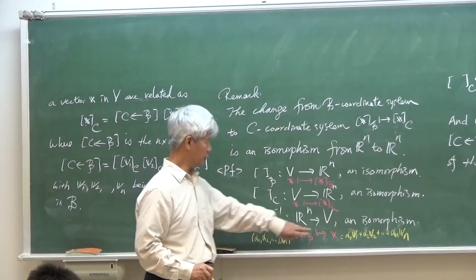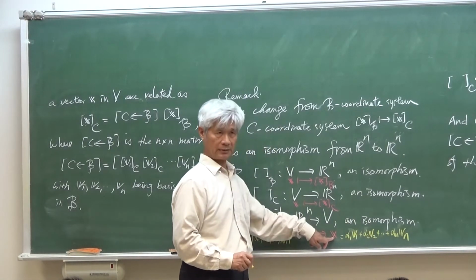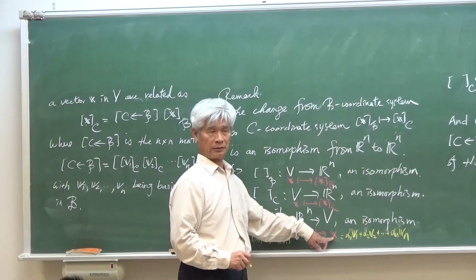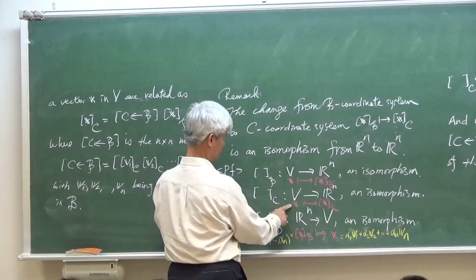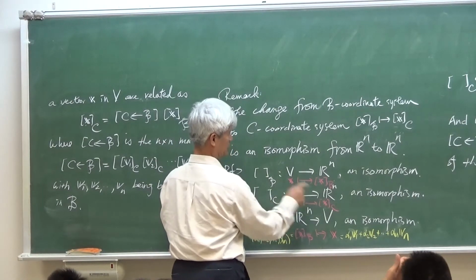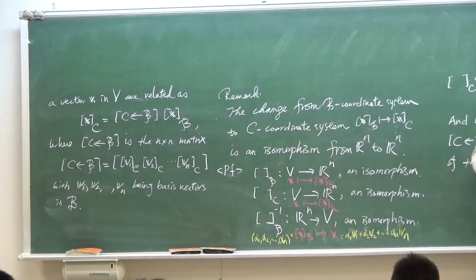We use the coefficients to synthesize back x. And then we have x here, and use the C coordinate to get the C coordinate. So that is the process.